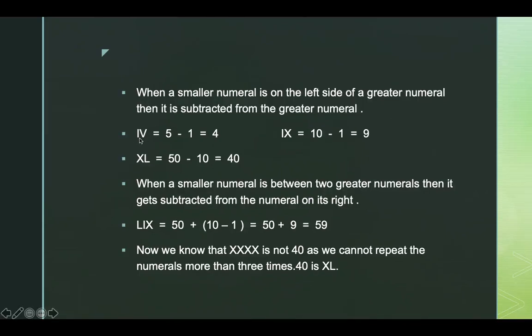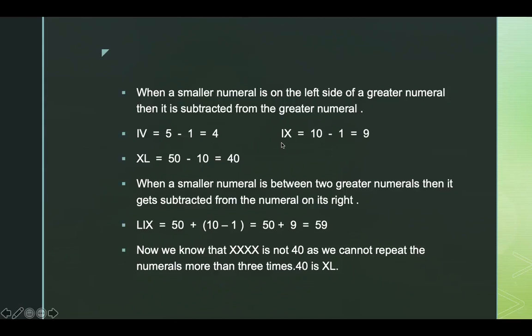The smaller numeral is written on the left hand side and the value of V is 5. The greater value is 5 and the smaller value is 1. So we subtract 1 from 5 and we get 4. So this is the symbol of 4.